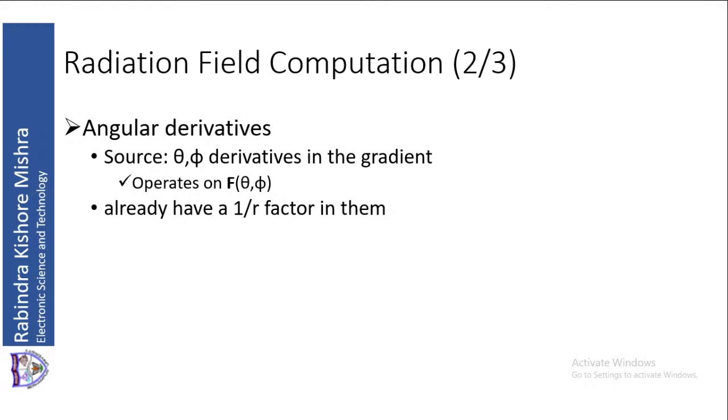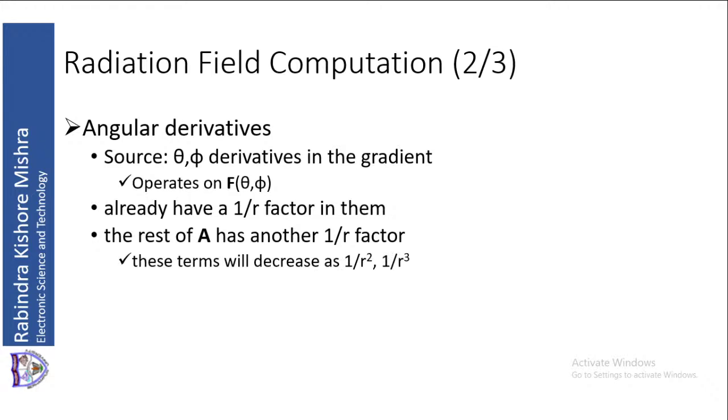F theta phi already has a 1 by r factor in it. Therefore, with the rest of A having another 1 by r factor, the total will be 1 by r square or 1 by r cube. So those angular derivatives will be neglected.